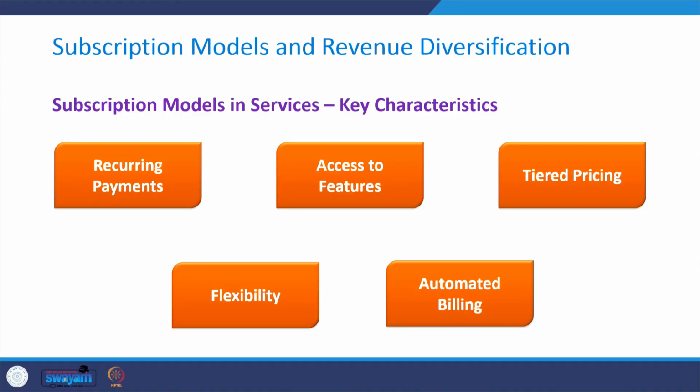So let's look at some key characteristics of these subscription models in services. There are five characteristics: first, recurring payments, access to features, tiered pricing, flexibility, and automated billing. Let's understand each one of these.